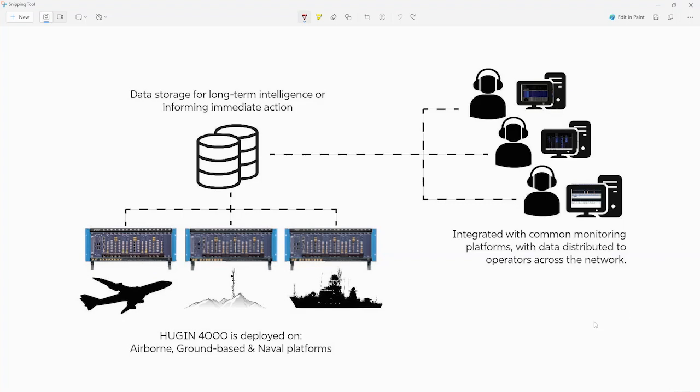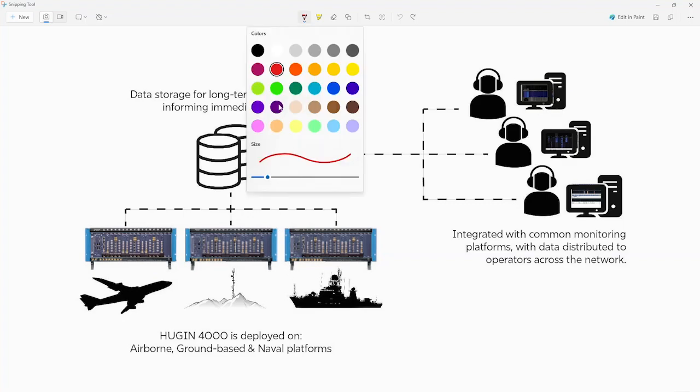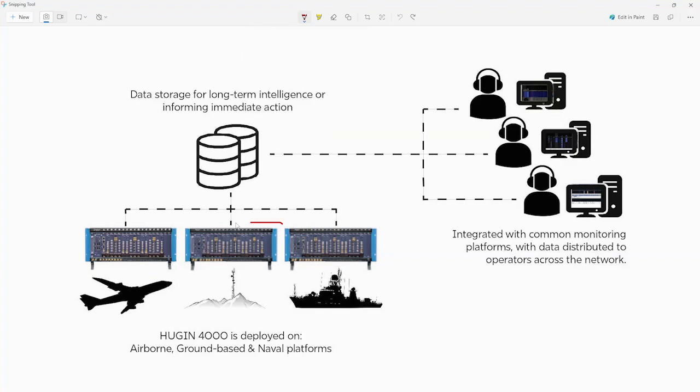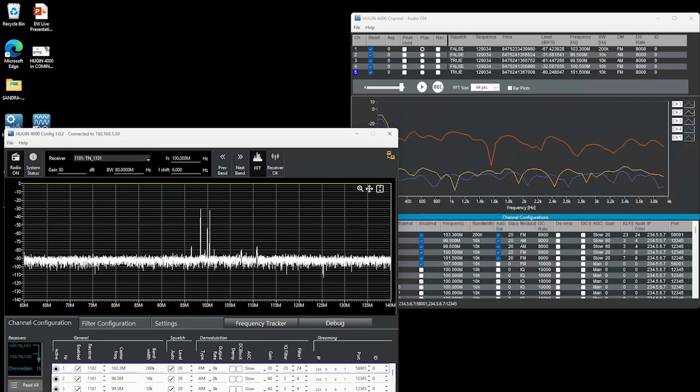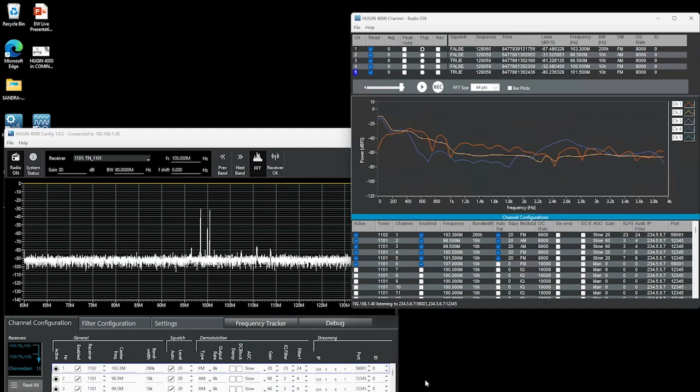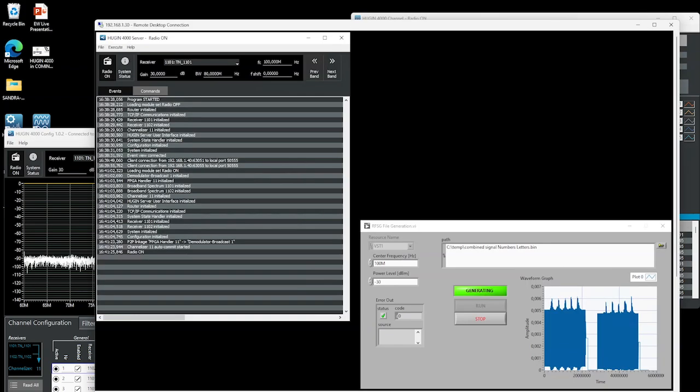And so we'll start by taking a look at this part of the system. In the first part of the demonstration, we're going to look at what we have running on the RF sensor itself. To do that, I'm remotely accessing the RF sensor.